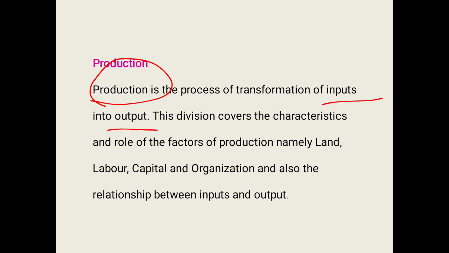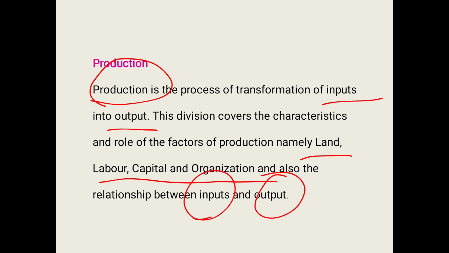Now this division deals with the characteristics and role of the factors of production, namely land, labor, capital and organization. For production we need 4 factors. What are they? Land, labor, capital and organization. Because these 4 factors bring the relationship between inputs and outputs.